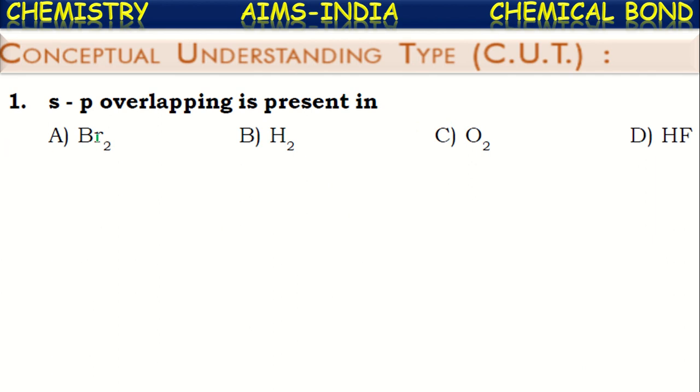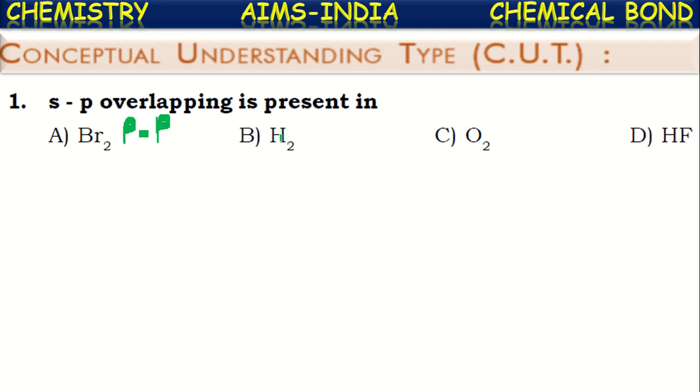We know in bromine molecule formation, as bromine belongs to the 7th group elements, it will be having its vacant orbitals in the p subshell. Both are bromine atoms only, so the overlapping between these two atoms will be pp overlapping.